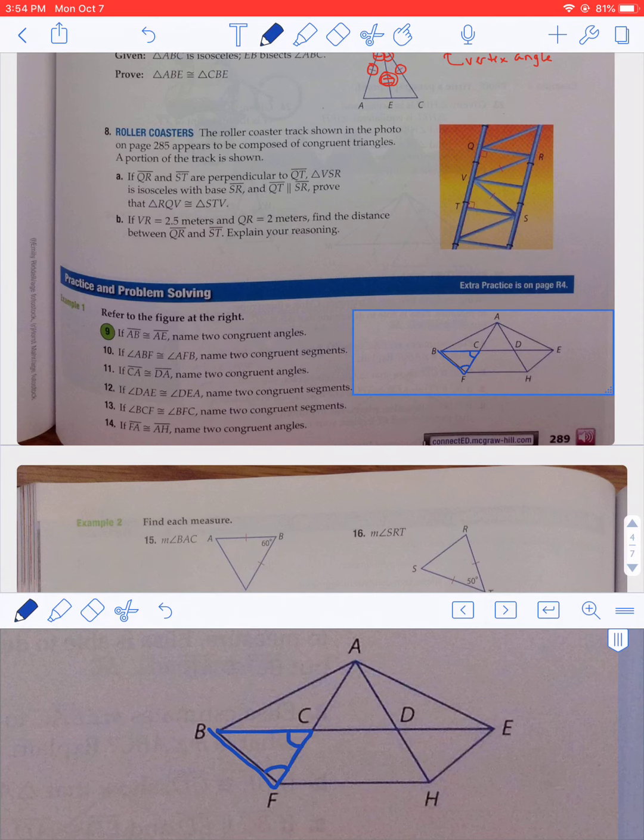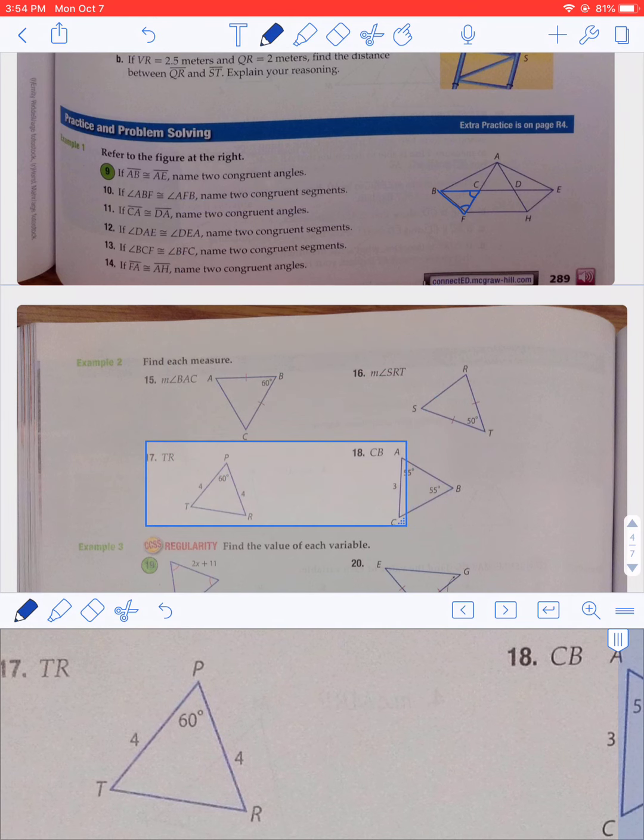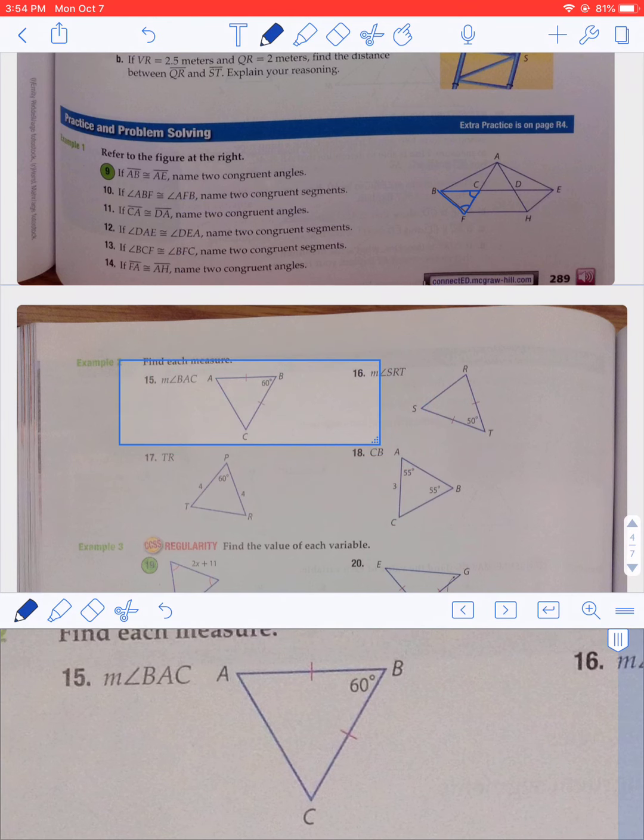And then moving on down to the next page, we're down at 15. This one, they want you to find angle BAC. Okay. Now I'm going to give you a little hint on this. They want you to find this angle. Well, you know that since these are congruent, these are your congruent base angles, and you're trying to find this one, all right?